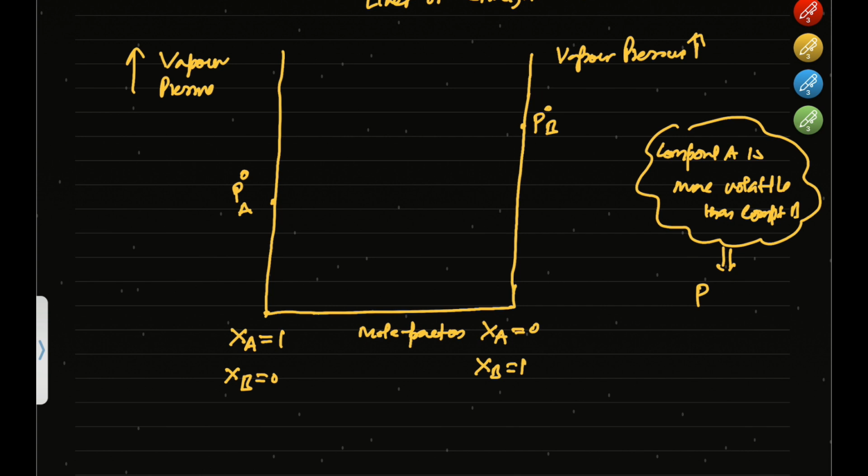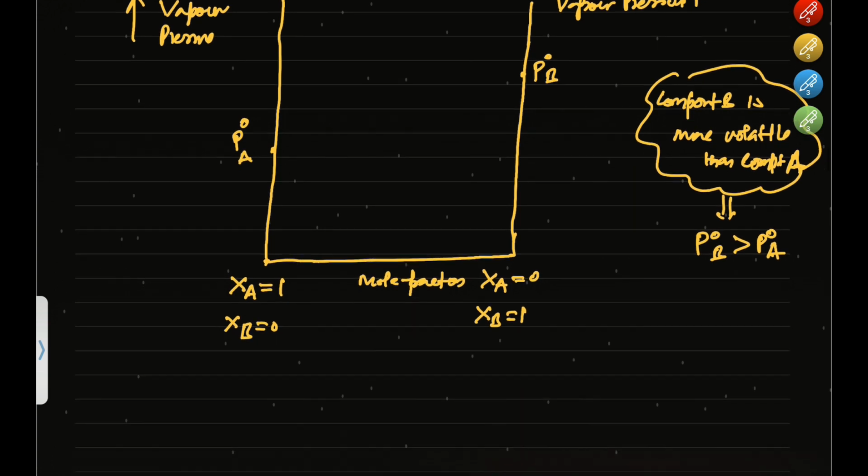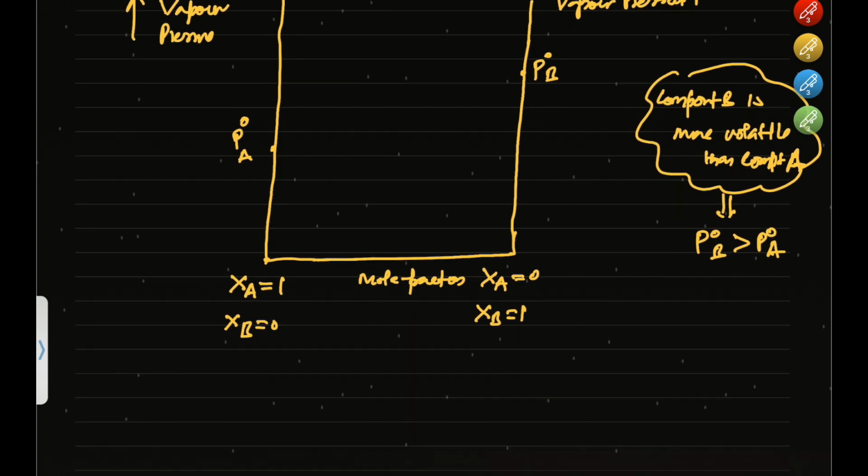Then the vapor pressure of component B is greater than component A. Component B is more volatile than component A, then the vapor pressure of pure component B is greater than the vapor pressure of pure component A. Here the mole fraction of component A is highest as we move towards the right.